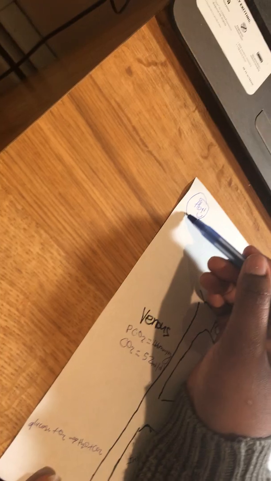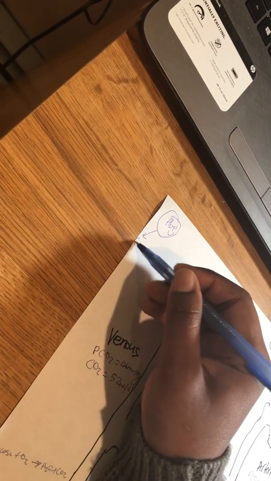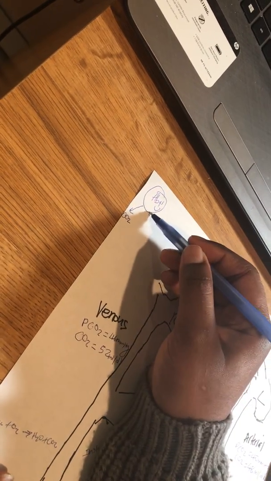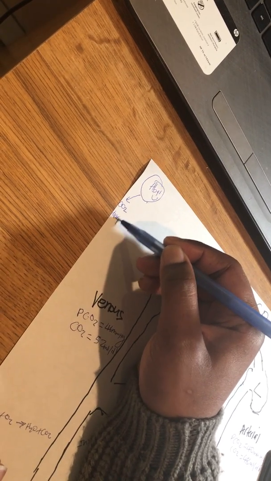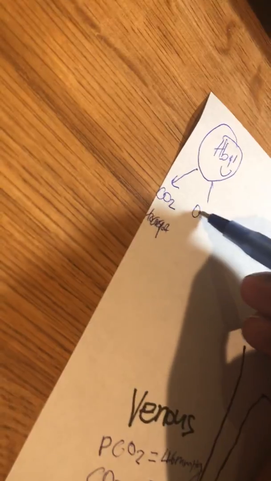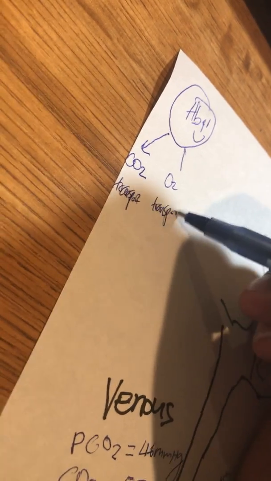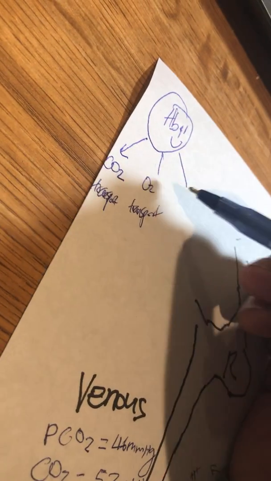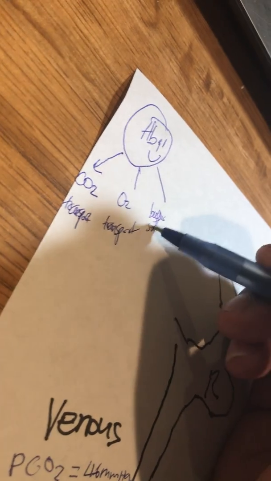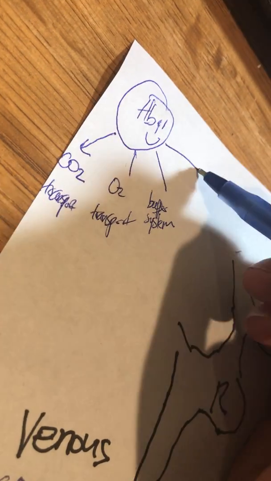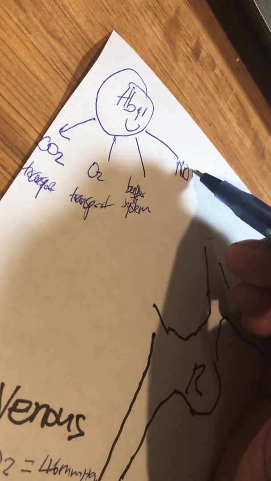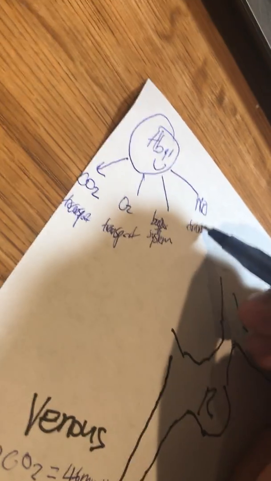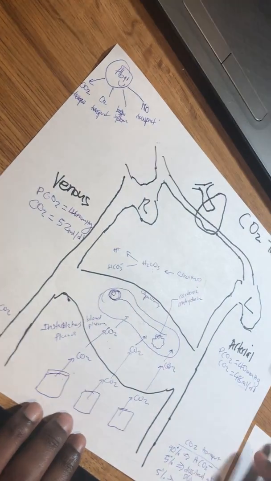Four important functions we need to know: carbon dioxide transport, oxygen transport, involving the buffer system, and nitric oxide transport. And you know that is important in vasodilation.